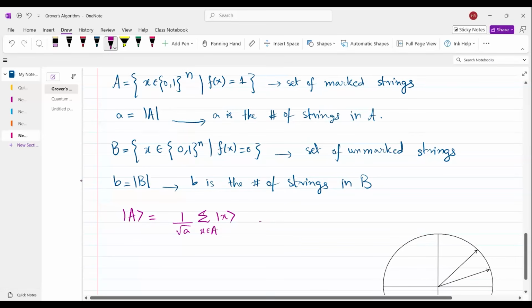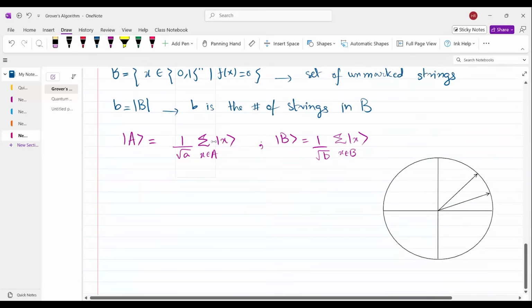Set A, and similarly we define B, which is the superposition of all unmarked strings.